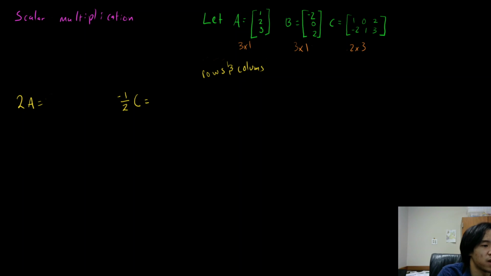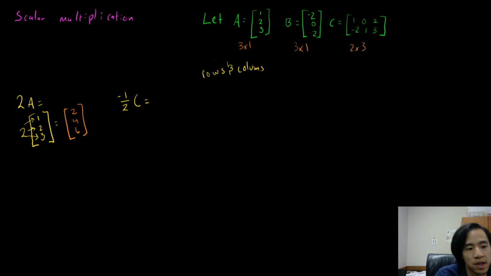So if you have 2 times A, this is the same thing as, by the way, if we wrote this like this, 2 times our matrix A, so this would be 1, 2, 3. You basically just multiply the 2 to every element in the matrix. So in this case, you would end up with 2 times 1, which is 2, 2 times 2, which is 4, and 2 times 3, which is 6.